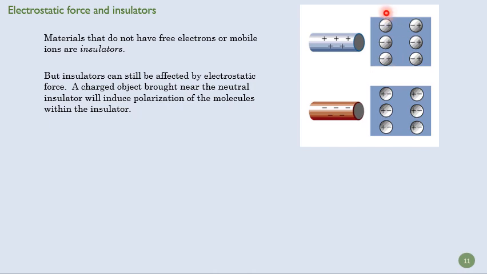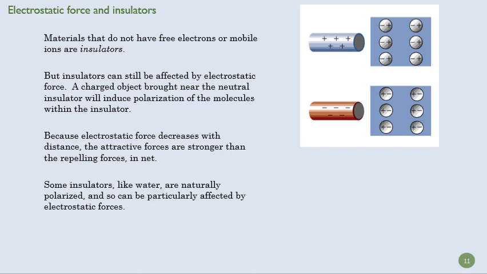But the individual molecules can be polarized. And this is particularly true for some naturally polarized molecules, like a water molecule. If you remember from chemistry, a water molecule has two hydrogens and an oxygen, and that unsymmetrical shape means that it has a strong polarization.